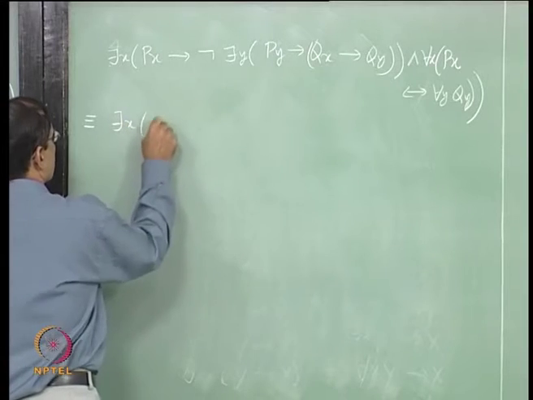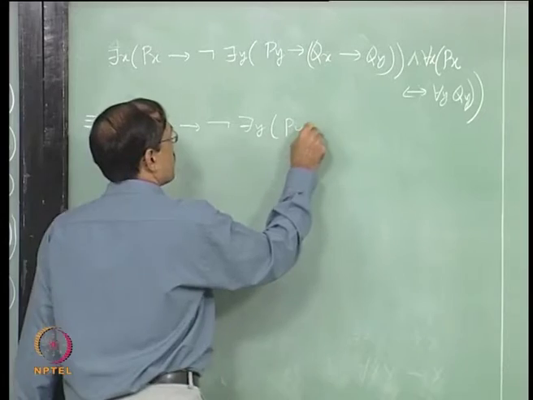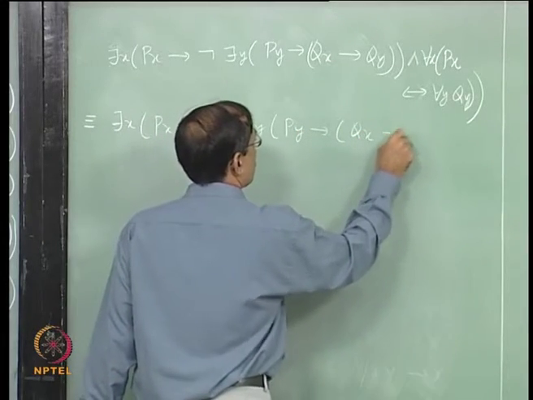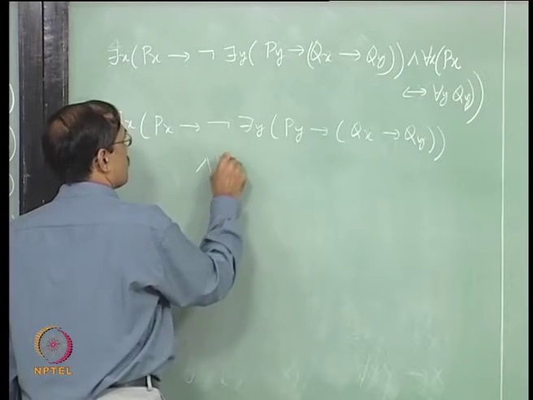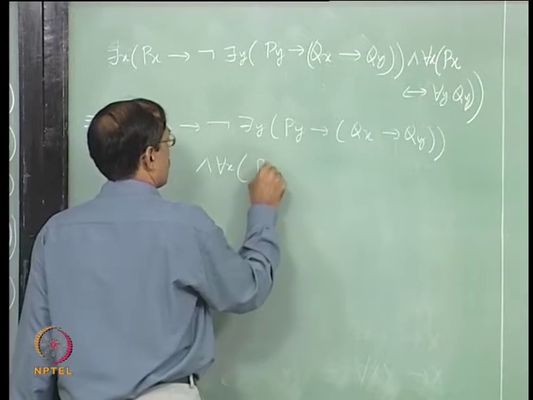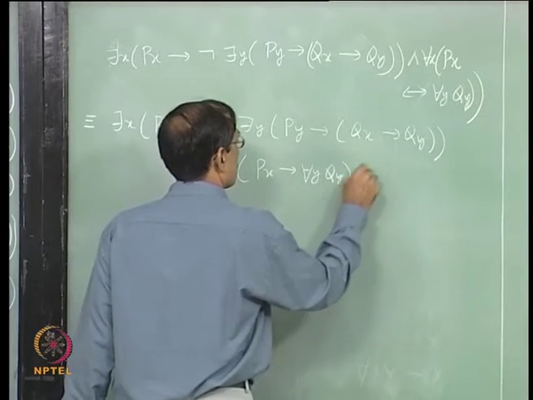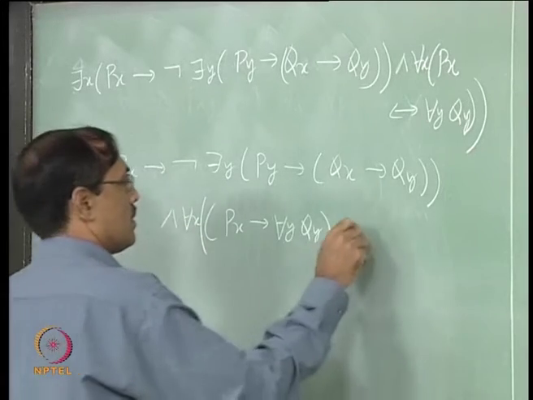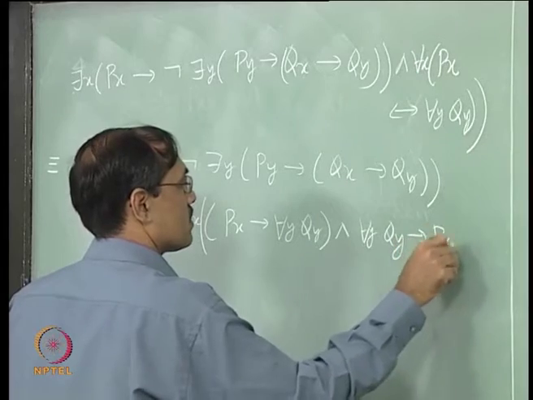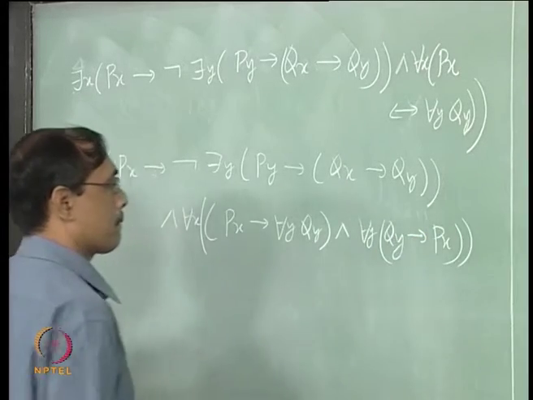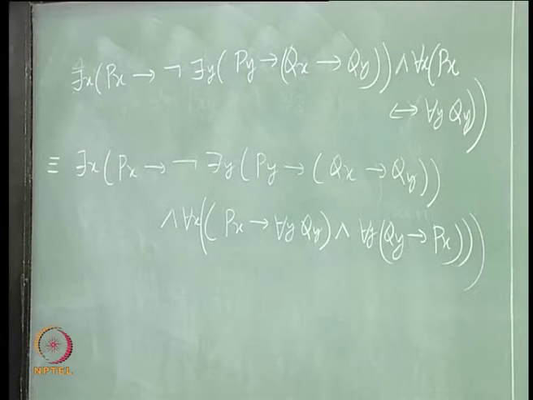That is: there is x, p x implies not there is y, p y implies q x implies q y, and for each x p x implies for each y q y, and for each y q y implies p x.